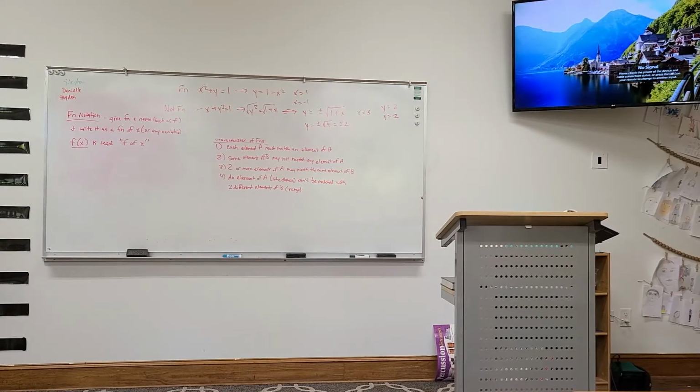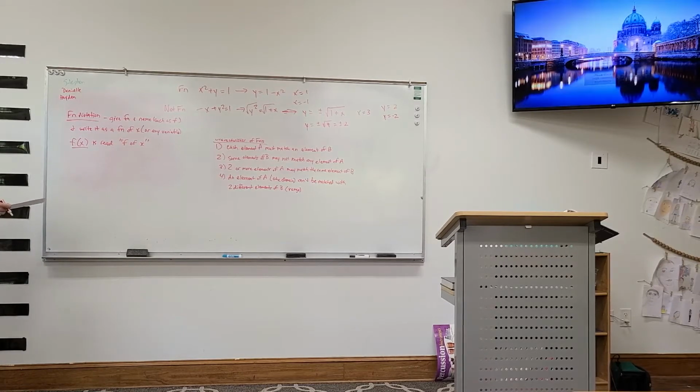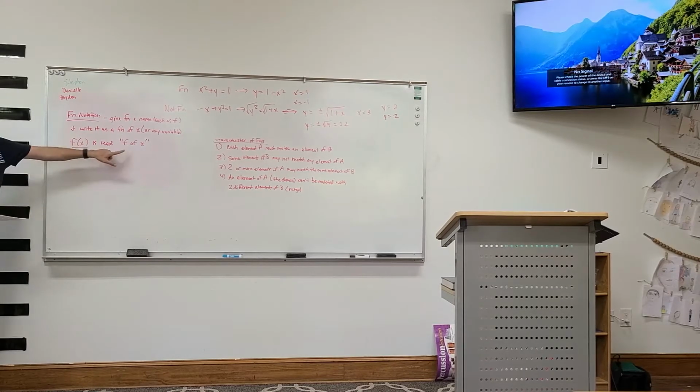So we like to give names, right, when we're in math. Once you've learned algebra, we like to give variables for things. And so we're just calling our function f. That's the variable that we're using to represent the function. But we're saying f is a function of x. And so we write it like this, and we read it f of x. Okay?